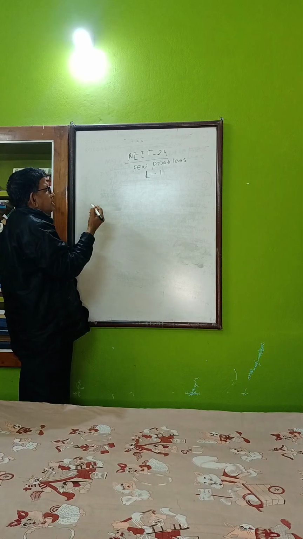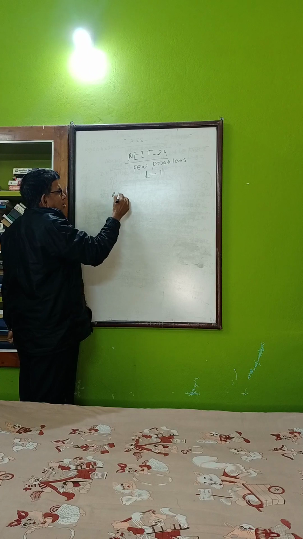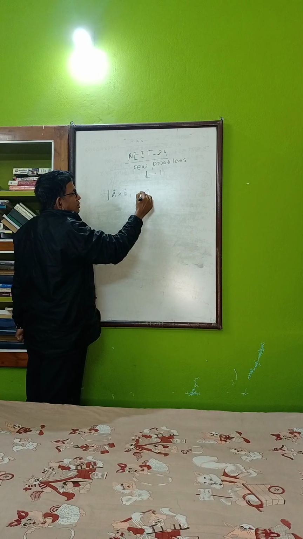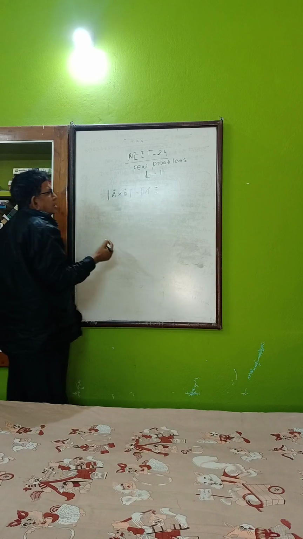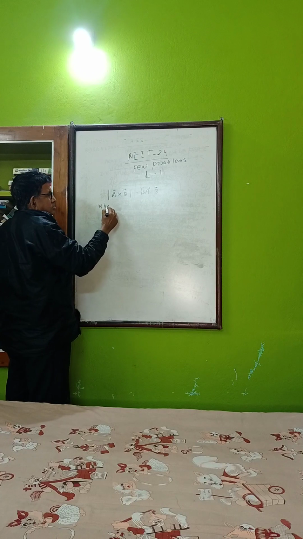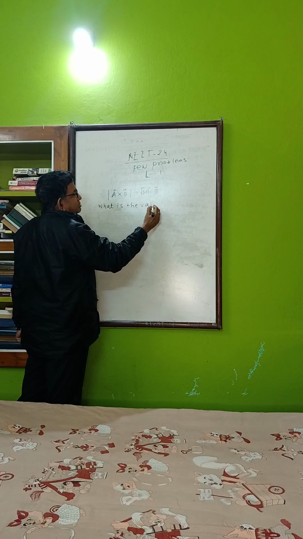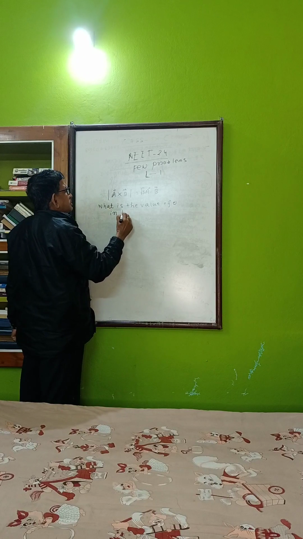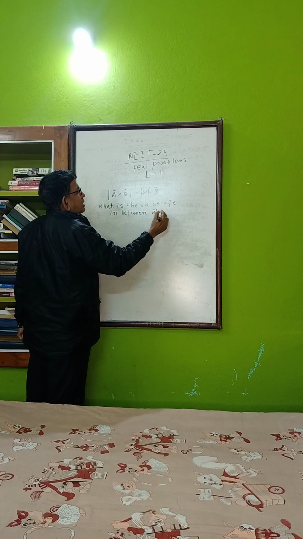Okay. Now, suppose A cross B equal to root 3 A dot B, then what is the value of theta in between A vector and B vector?